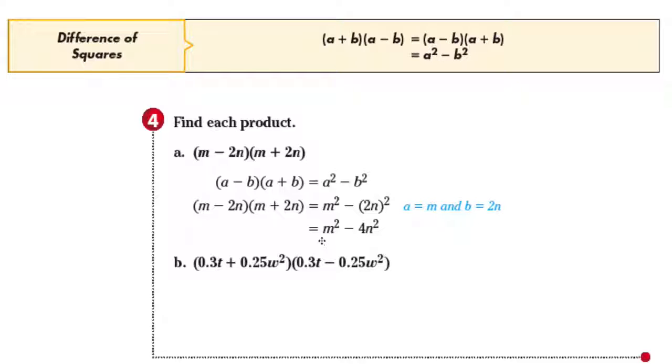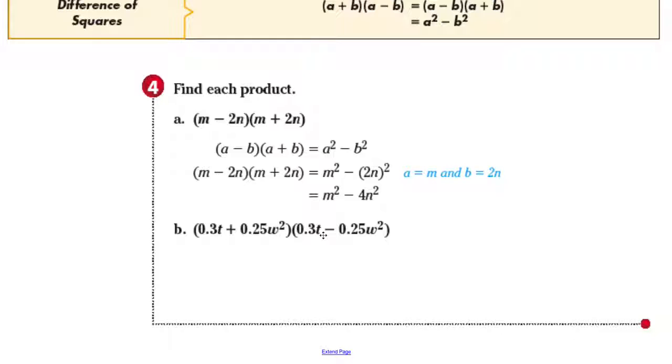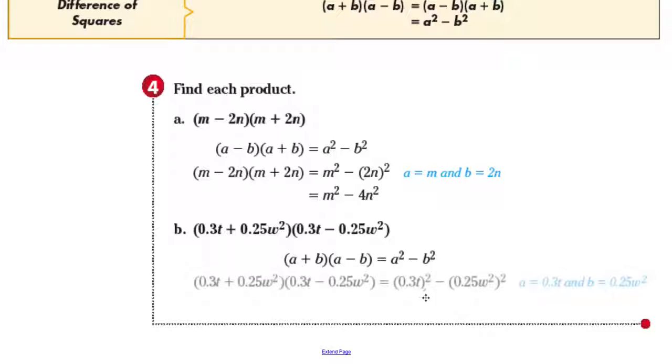Okay? And let's make this a little bit more complicated by using decimals. Now we have the quantity 0.3t plus 0.25w squared times the quantity 0.3t minus 0.25w squared. Identify our a and b using the difference of squares rule. Our a is 0.3t, our b is 0.25w squared, so simply substitute the values.